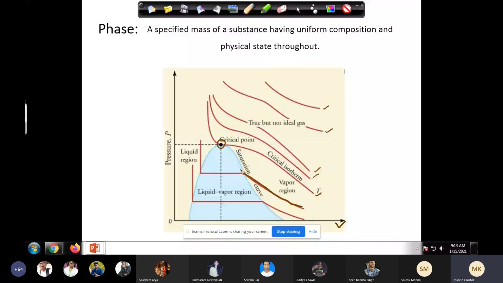When there is enough compression, these molecules come closer to each other, and then there is a phase change. If I say point A, then point A corresponds to saturated vapor.